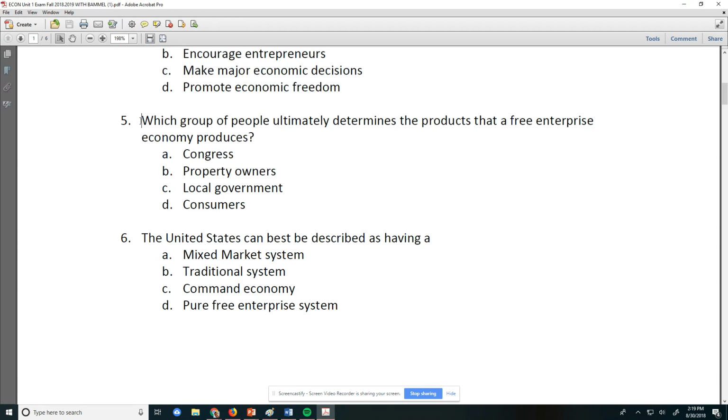Number 5, which group of people ultimately determines the products that a free enterprise economy produces? Is it Congress, property owners, local government, or consumers?